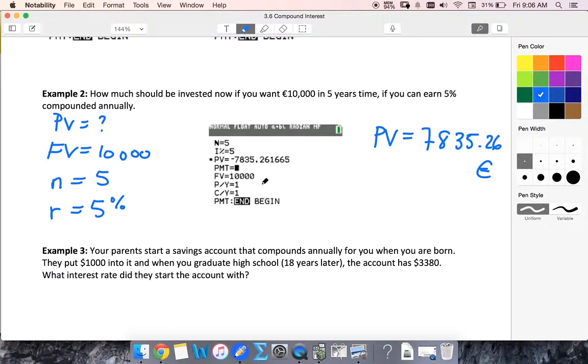So if I wanted to show the equation, I could say 10,000 equals PV times 1 plus 5 over 100 to the 5th power. And now I don't have to deal with dividing out and solving. I can just write the PV. And again, this is enough to show your work.